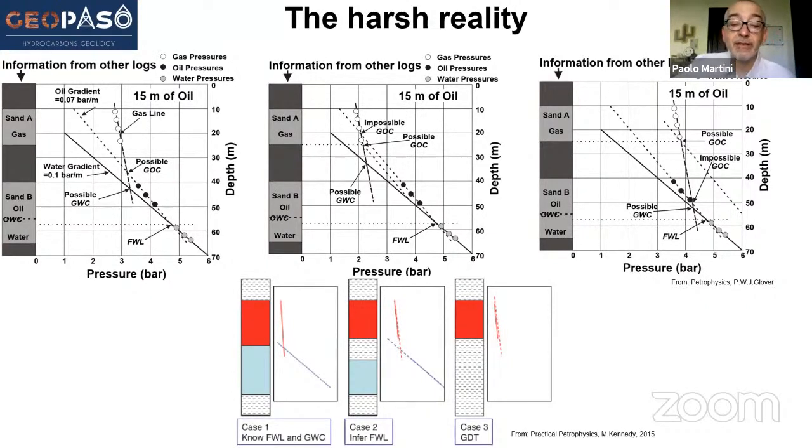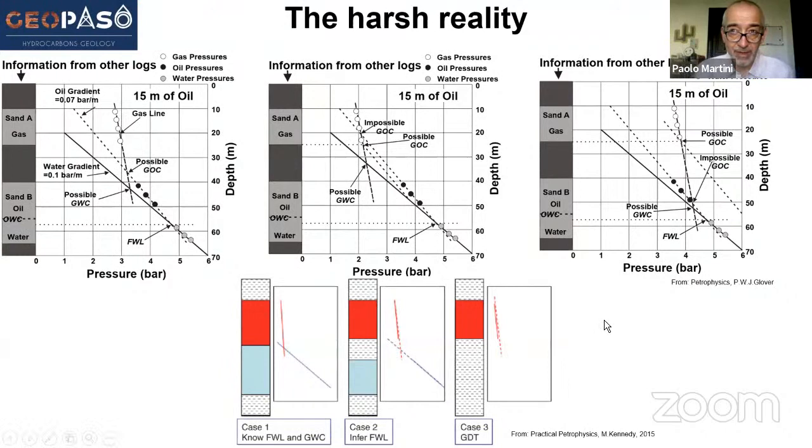In the center, it's masked by the presence of a shale barrier. And on the right, you will never be sure where the free water level is unless you drill a well down dip and you find the oil water contact, oil gas contact, or water gas contact. And you may never be able to do that.